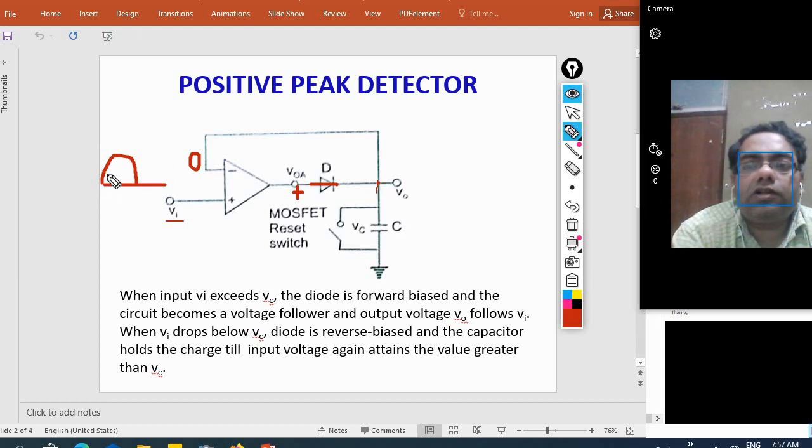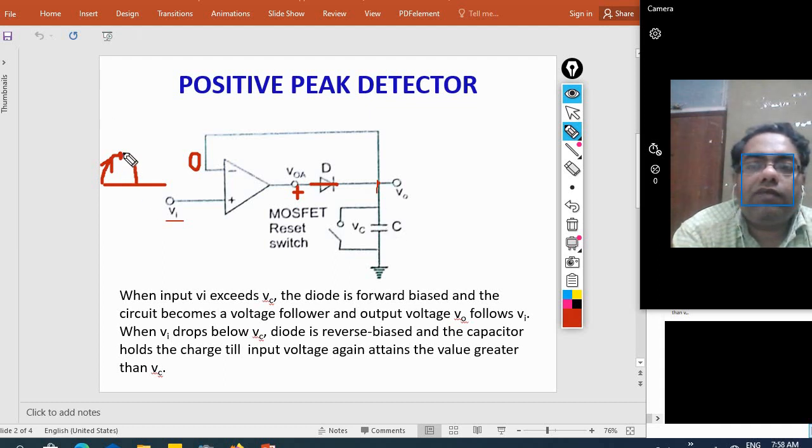But this continues only until the input voltage reaches its peak maximum. When the input voltage is increasing and positive, the output voltage is also following the input voltage, and this capacitor is getting charged, with charge accumulating on it, and the capacitor holds the charge.